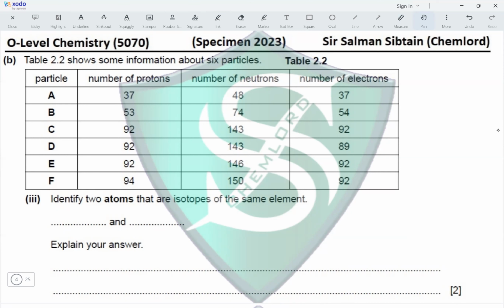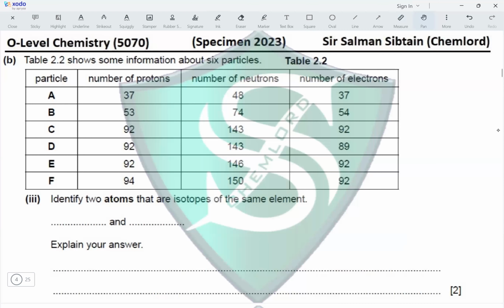So, we have particles. A has 37 electrons, 37 protons, but 48 neutrons. Particle B has 53 protons and 54 electrons. Particle C has 92 protons, 92 electrons. Particle D has 92 protons and 89 electrons.